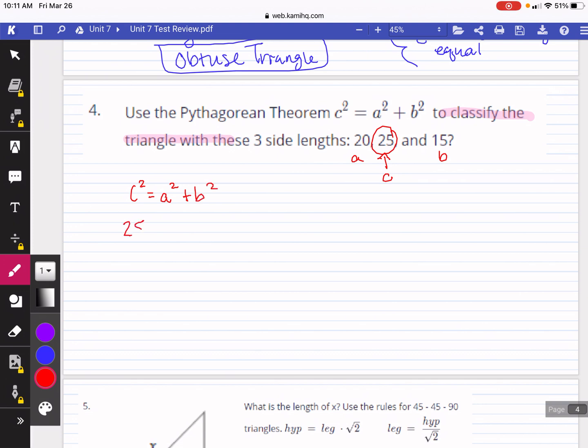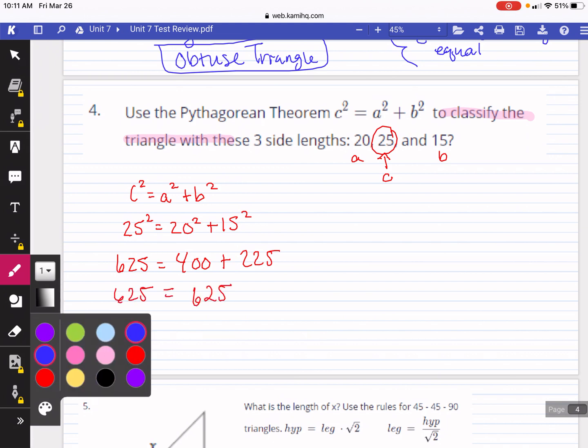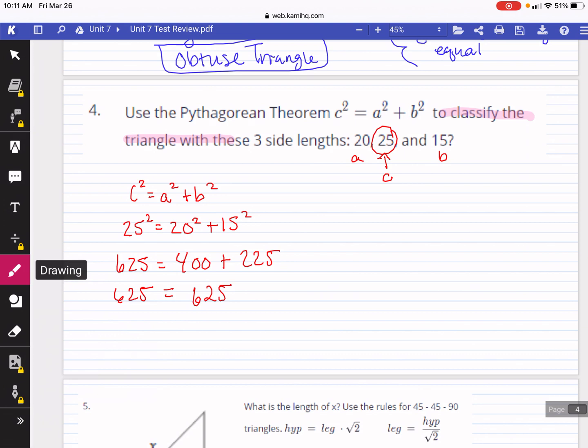So I have 25 squared equals 20 squared plus 15 squared. 25 squared is 625. 20 squared is 400. And 15 squared is 225. So if I add those, I get 625. For this particular problem, these ones are equal. So since they're equal, it's a right triangle.